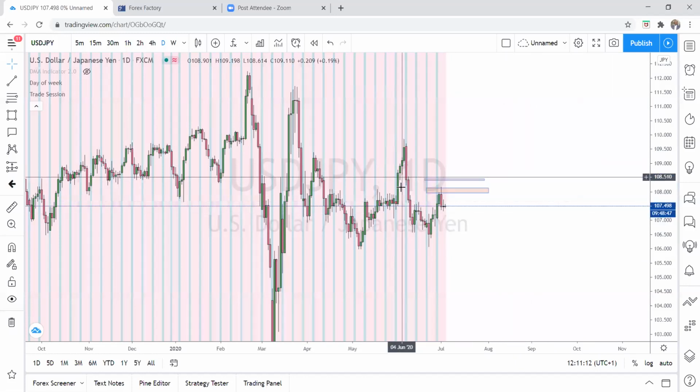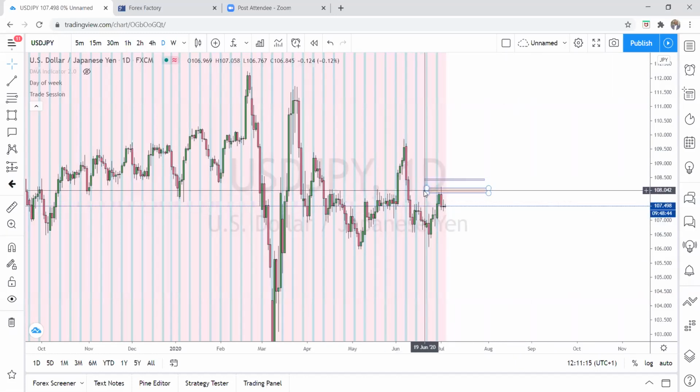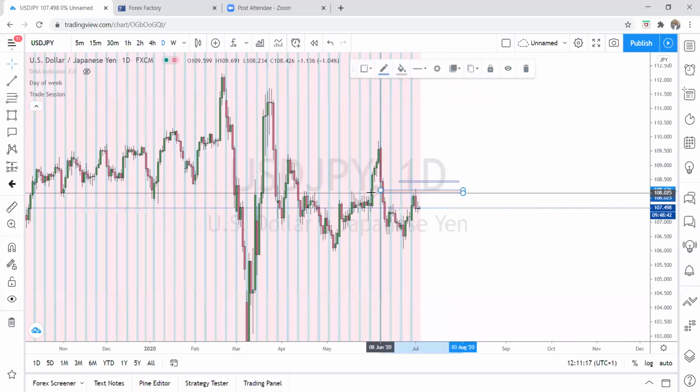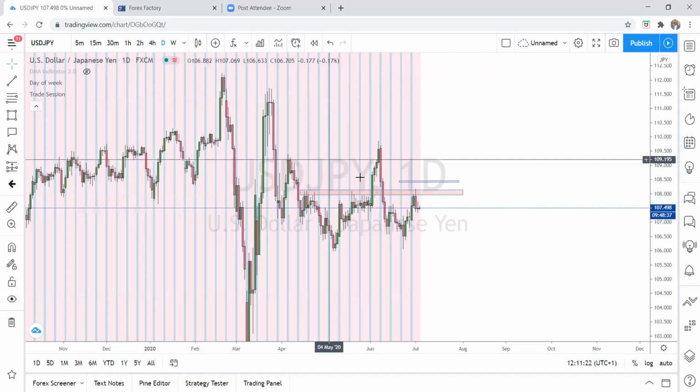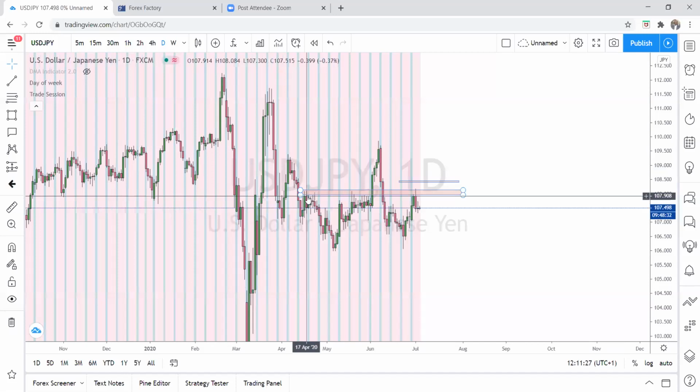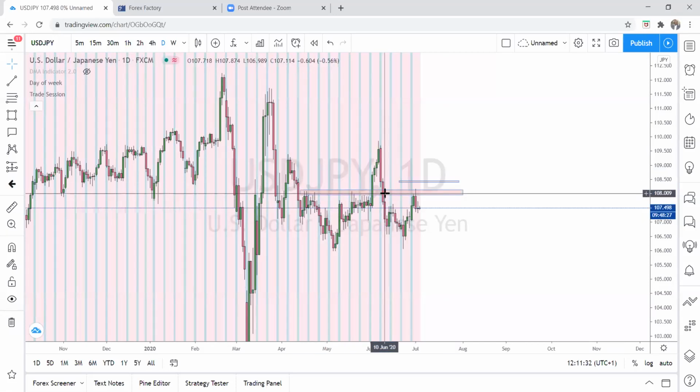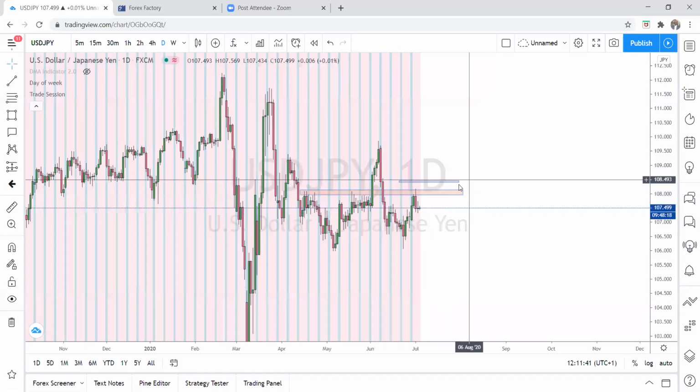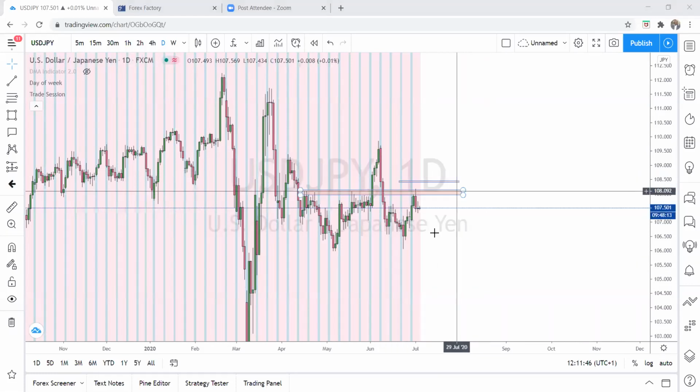If you look at the point that it rejects and you project it to the left, and also to the right, you will notice something. That area is a key area in the market. That place matches exactly with 108.00. What does it mean? This is called a psychological area. This market is rejecting a psychological area.